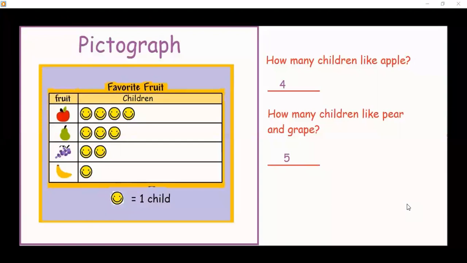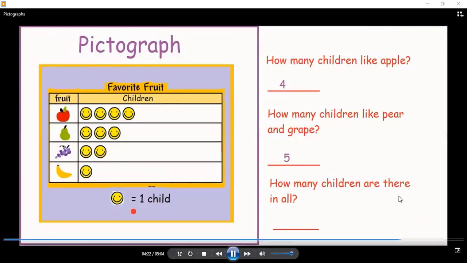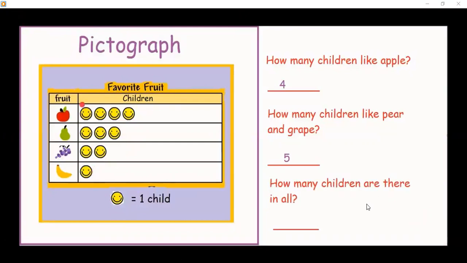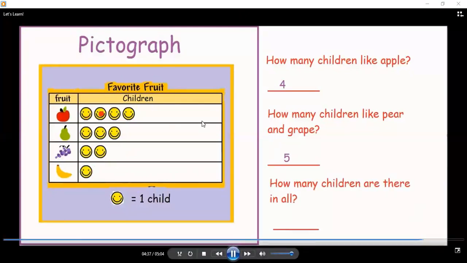Let's now answer another question. How many children are there in all? Remember, boys and girls, we're going to add them all together. What is the total? 1 plus 2 plus 3 plus 4.